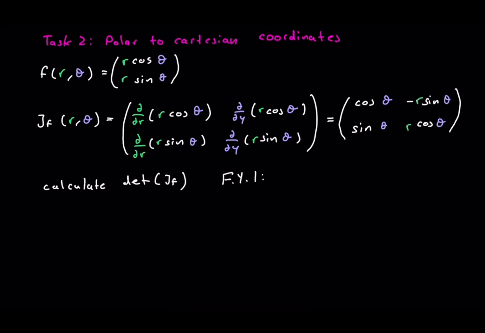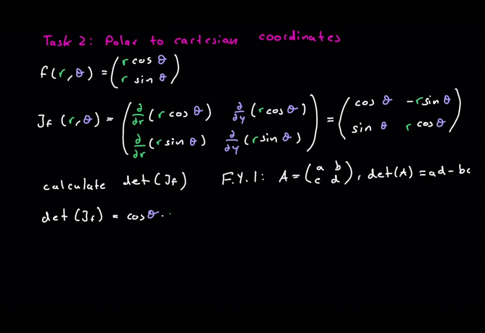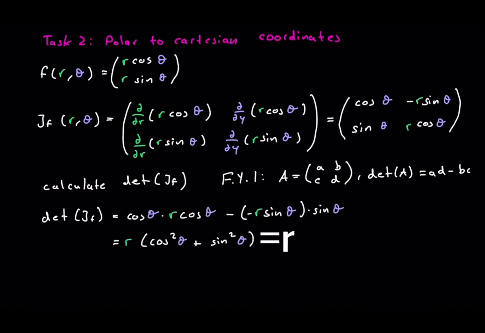The determinant is r times cosine squared theta plus r times sine squared theta, which simplifies to just r. That single number r is the local area scale factor. Tiny rectangles in r-theta space become curved patches in xy space with area multiplied by r. That's why in double integrals, we always multiply by r when switching to polar coordinates.